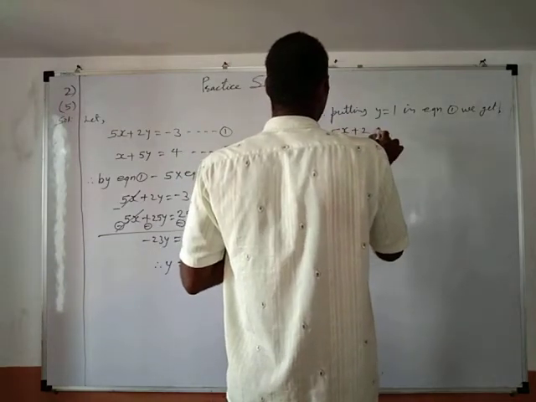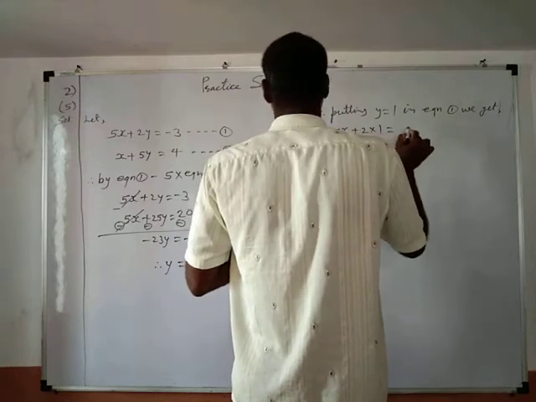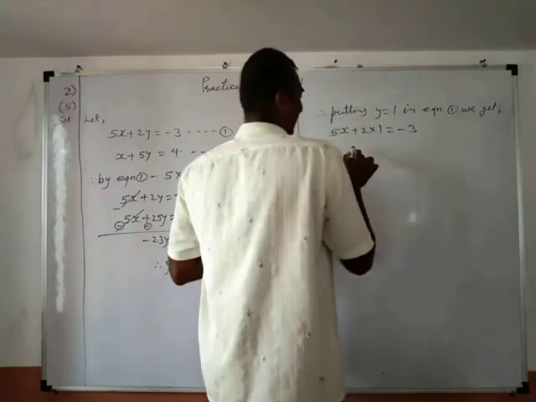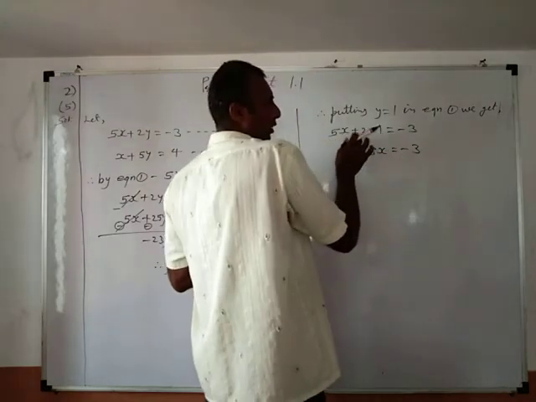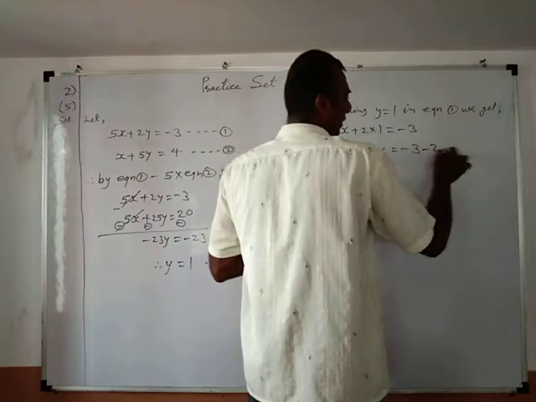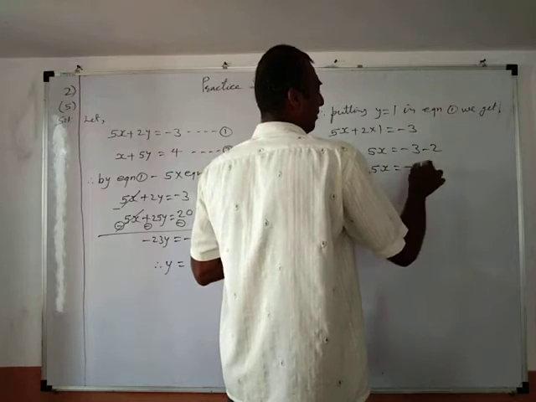5x plus 2y means 2 into y. 2 into y means 2 into 1 equals minus 3. And therefore 5x will be minus 3 plus 2 from left will become minus 2 at right. And therefore 5x will be minus 5.